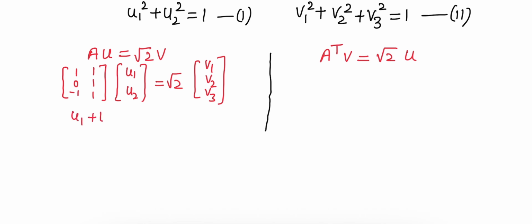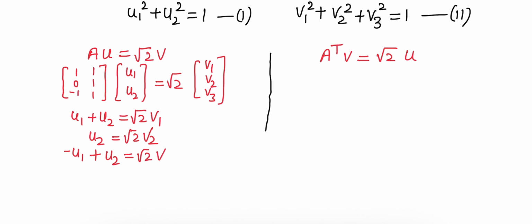After comparison you get u1 plus u2 equals root 2 v1, and u2 equals root 2 v2, and the third, minus u1 plus u2 equals root 2 v3.